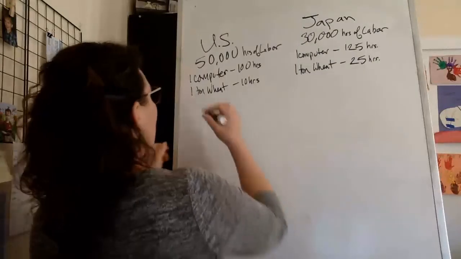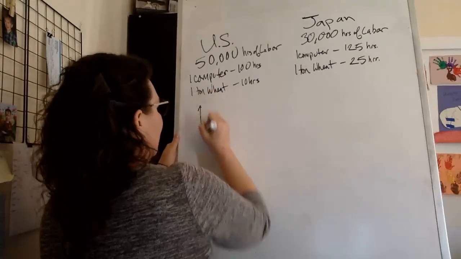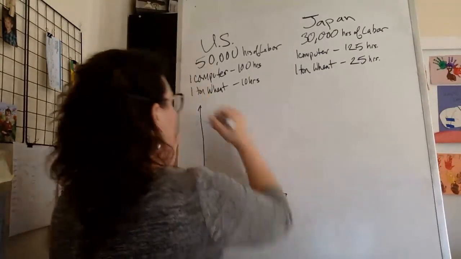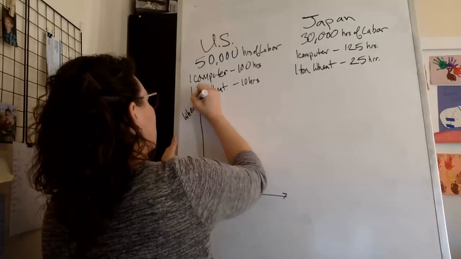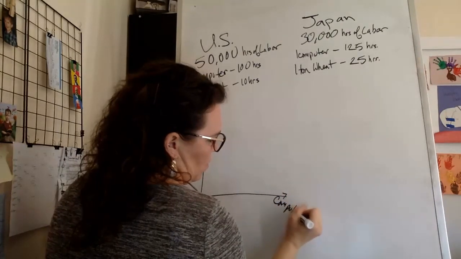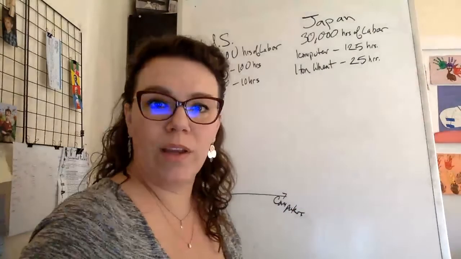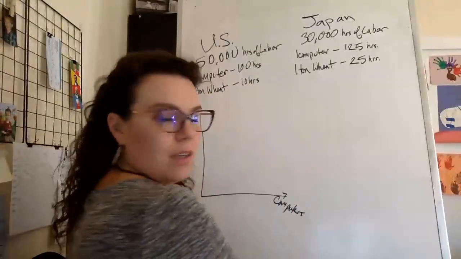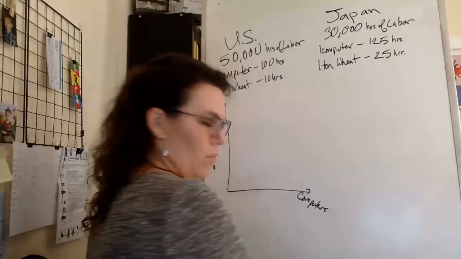So with the US, if we're going to look at wheat and computers, we went through and looked at what they could produce.